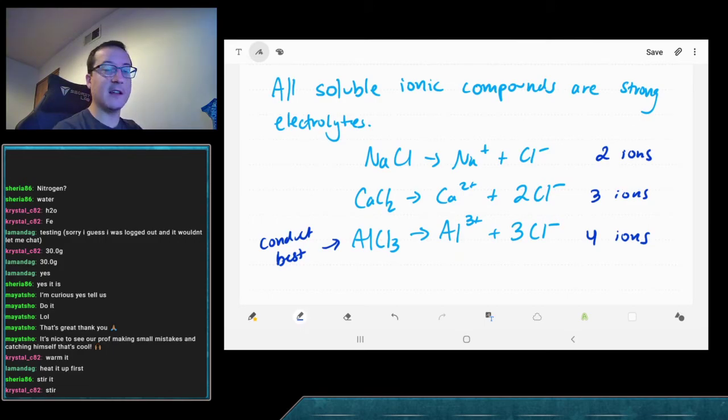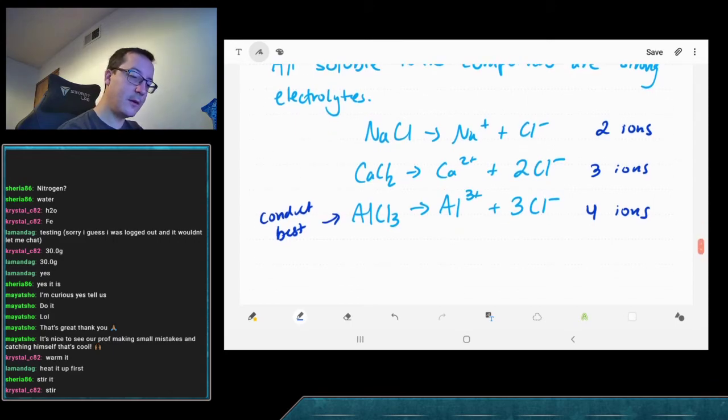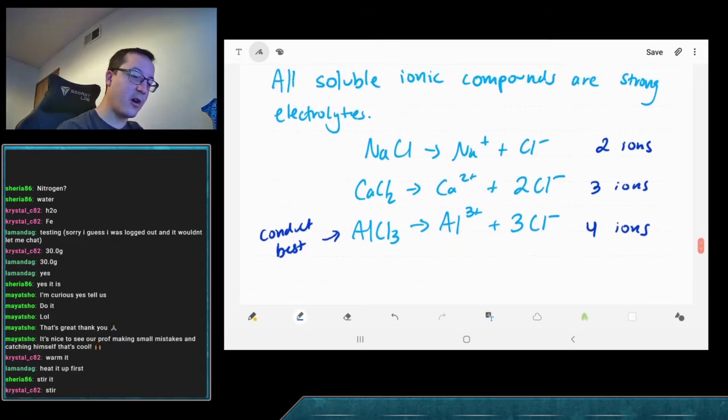The number of ions is something that we're going to look at later on in this chapter. I figured I'd introduce it now. It will have some effect on some of the properties. So the number of ions does matter later on. For right now, just introducing strong electrolytes. Everything that is an ionic compound that is soluble will be a strong electrolyte. And the more ions you have, of course, the stronger your conductivity is going to be, just because you have more places for electrons to hop around to. So the more ions you have, the more conductive your solution is going to be.